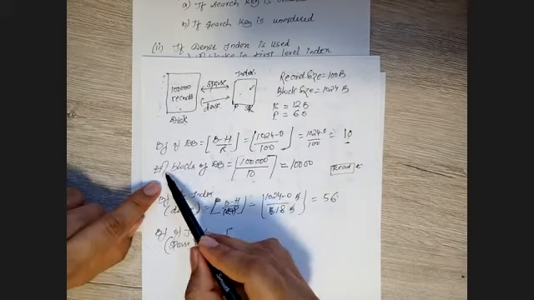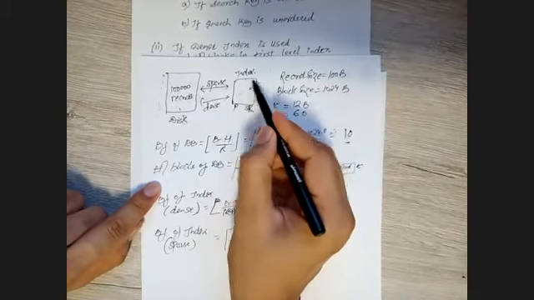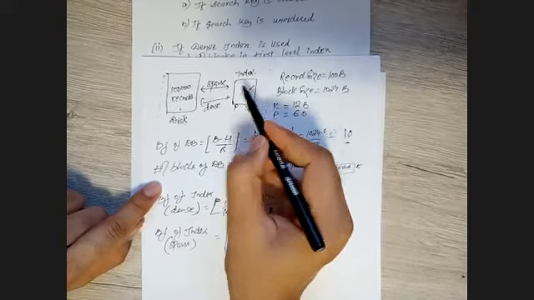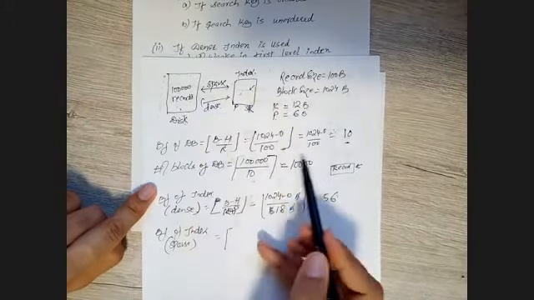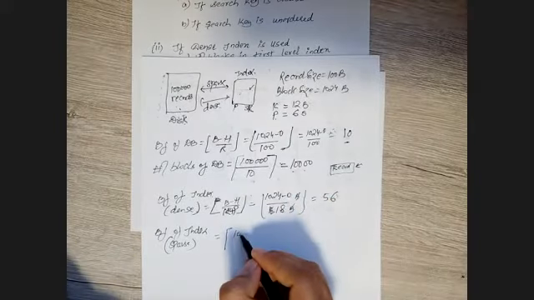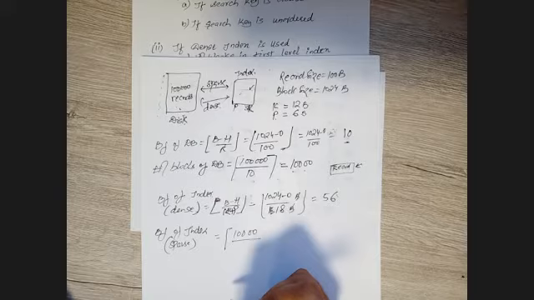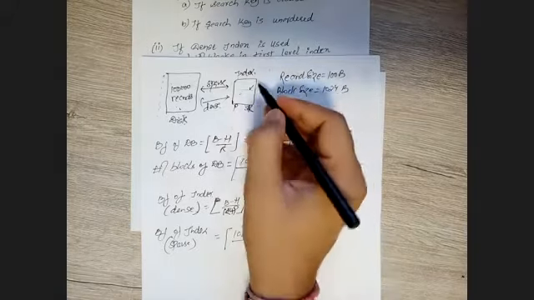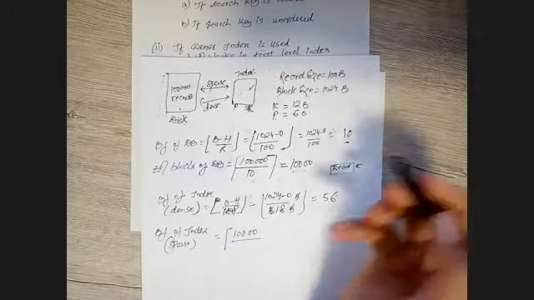For sparse index, remember, the number of blocks will be equal to the number of blocks in the disk, right? And we have calculated this one, that is 10,000. So 10,000 divided by how many records will be there in a single block, that is 56.